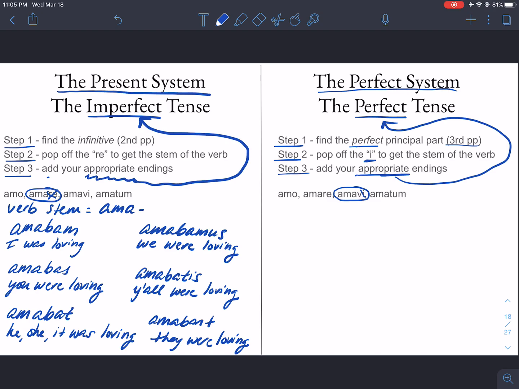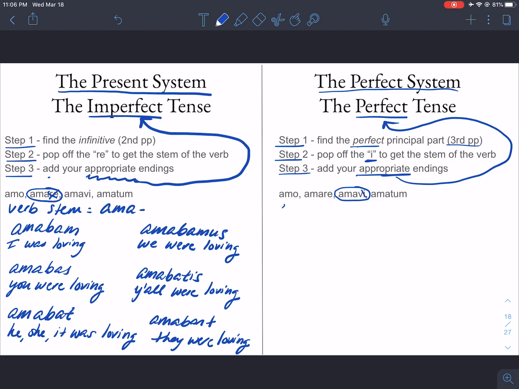All right, so our verb stem, excuse me, is A-M-A-V, amav. Okay, so let's go through this now. Amavi means I loved. Okay, and notice it is actually the third principal part, right? It means I loved.